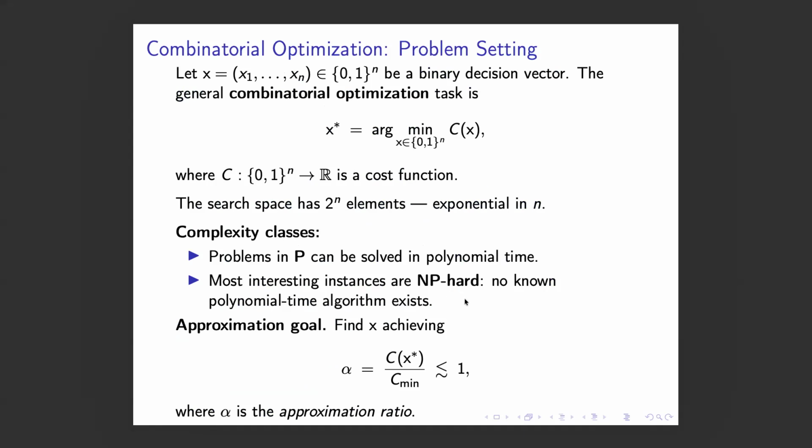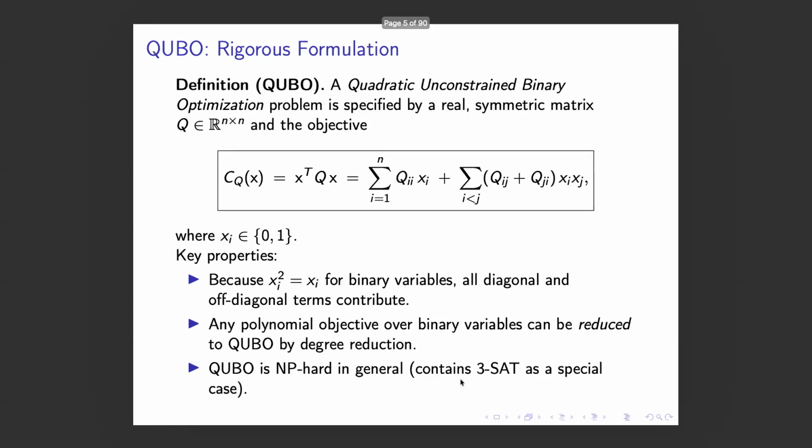There is no known polynomial time algorithm, and the approximation is to find some x which achieves alpha being less than or equal to 1. The nice thing with this optimization problem is that it is a quadratic optimization problem, and this is a problem which many of you have encountered before.